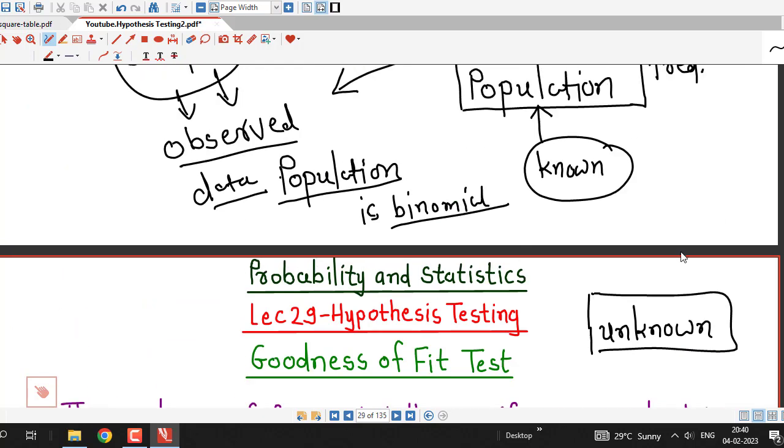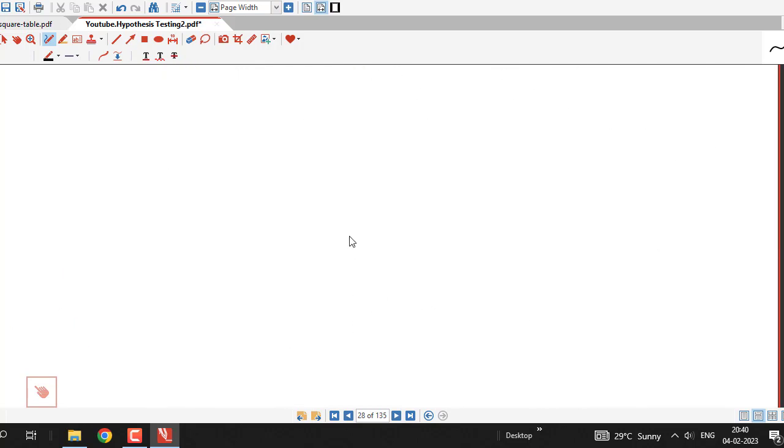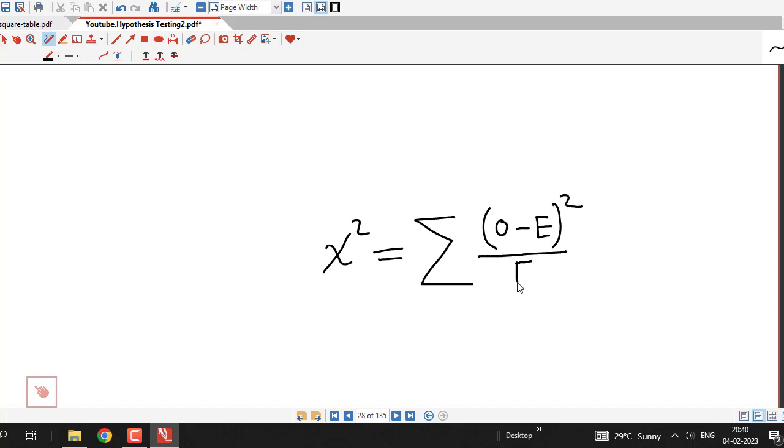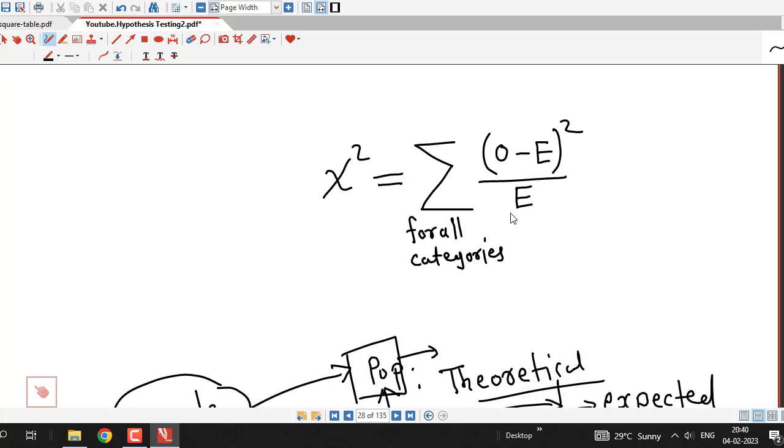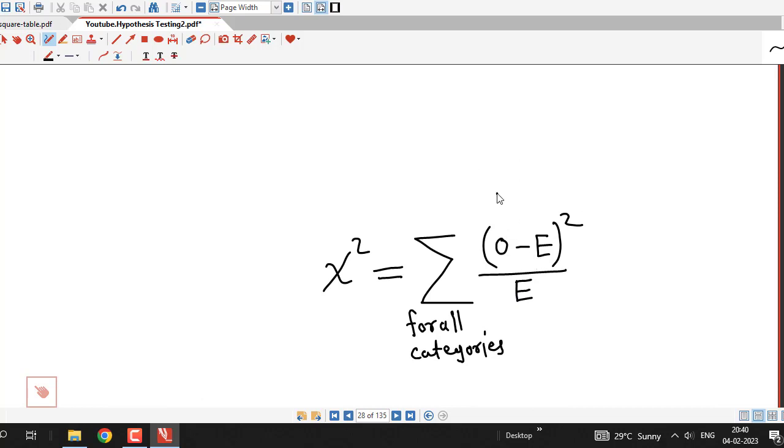So that is the formula for our test statistic for the chi-square goodness of fit test. We will remember this formula: sigma of (O minus E) whole square divided by E, for all possible categories. So if I have 4 categories, I have to add 4 terms here, and here capital O is the observed frequency, capital E is the expected frequency.